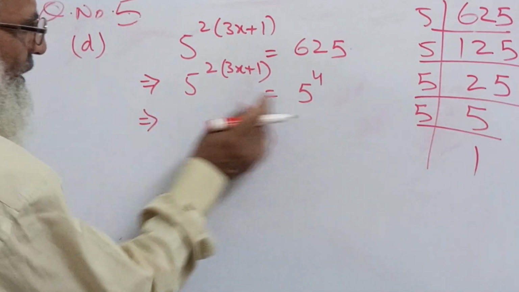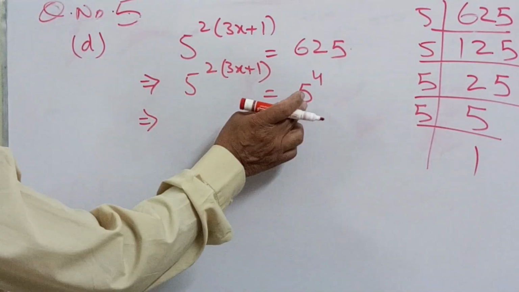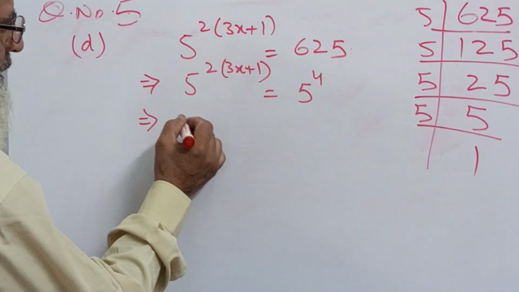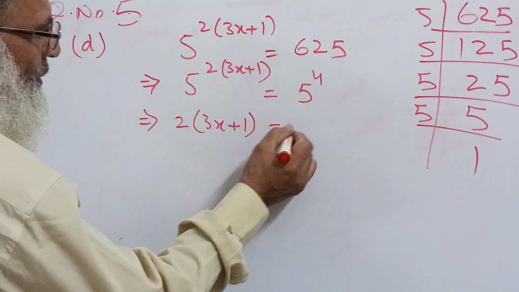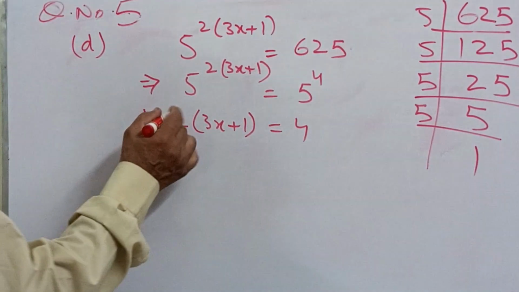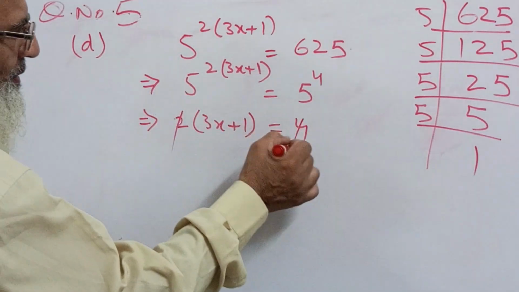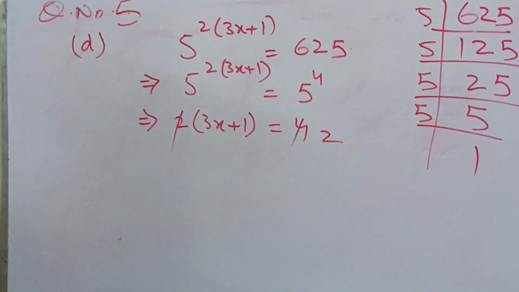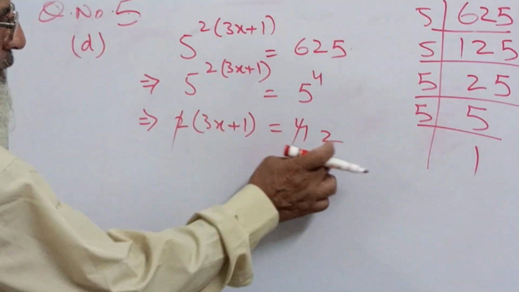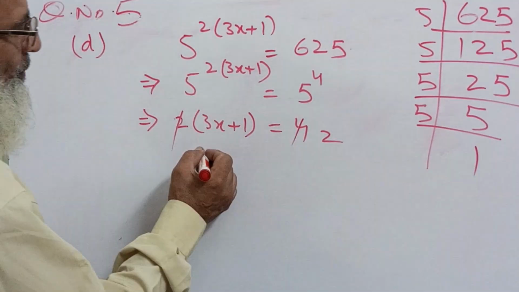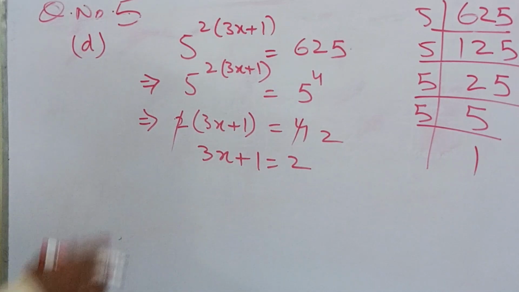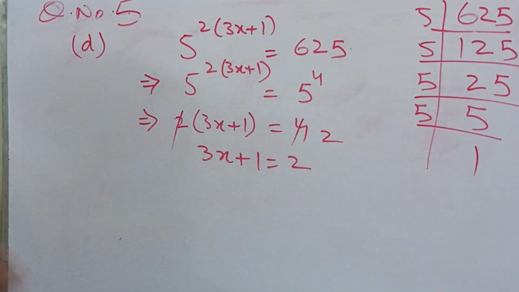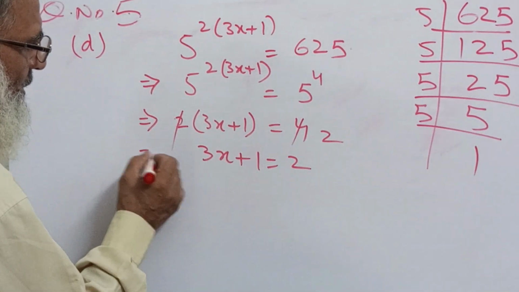Now, when bases are the same, the powers are also the same. So it will become 2 into (3x plus 1) is equal to 4. You can simply cancel 2 from here to here. It will become 3x plus 1 is equal to 2, or you can also multiply it, but you don't need to do this.